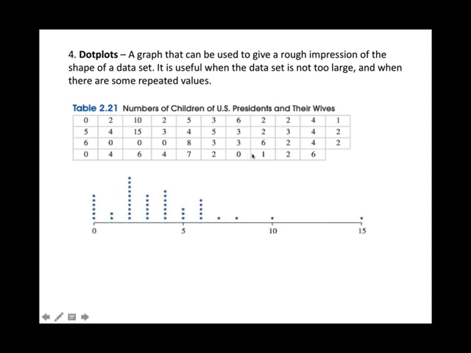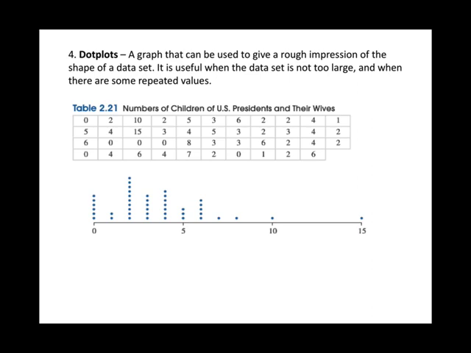The two dots above the position at 1 indicate that two presidents had 1 child. And for example, here, the 3 dots above the position at 5 indicate that 3 presidents had 5 children. So each data value is represented by a single point.